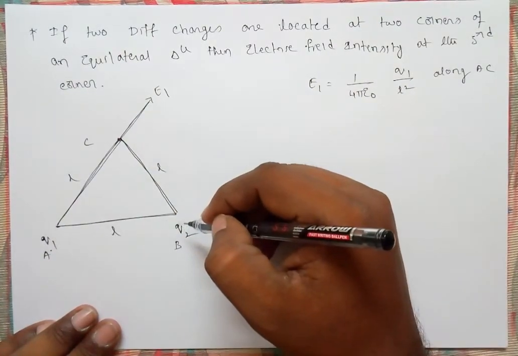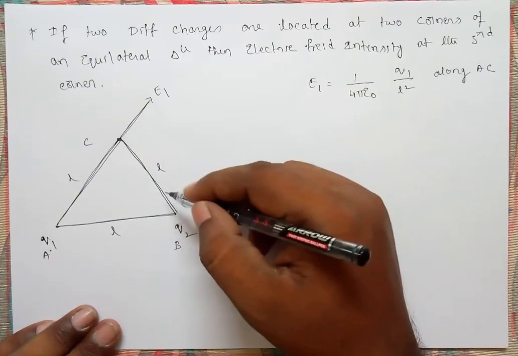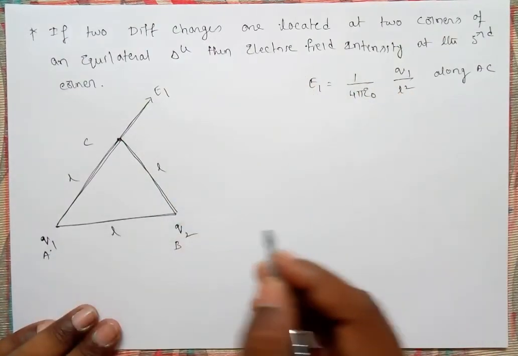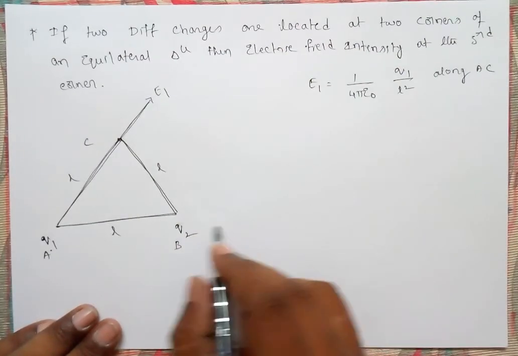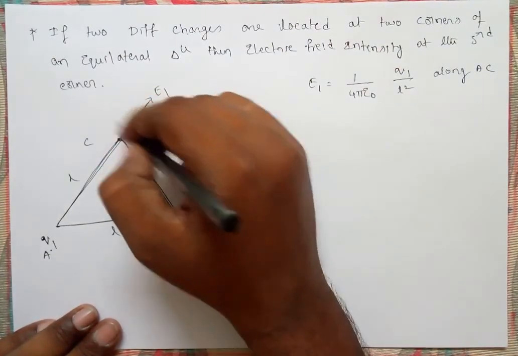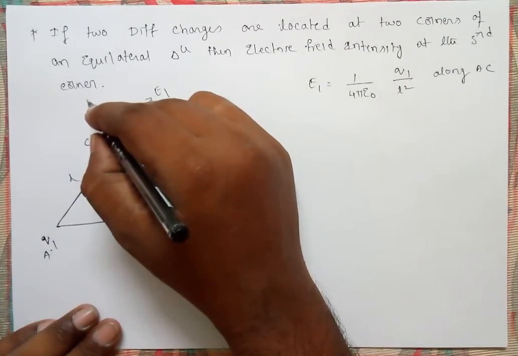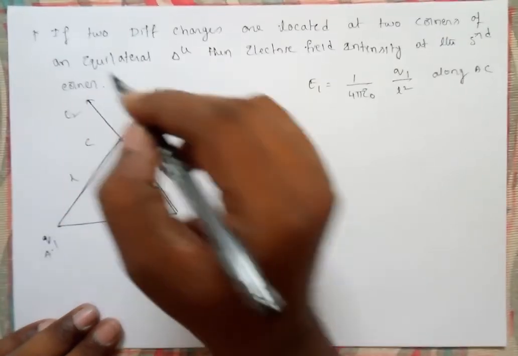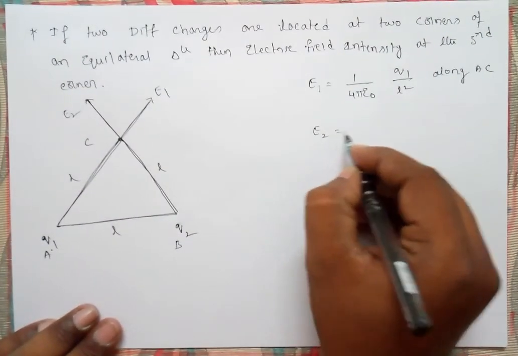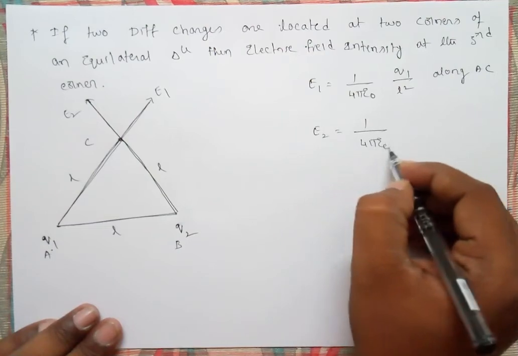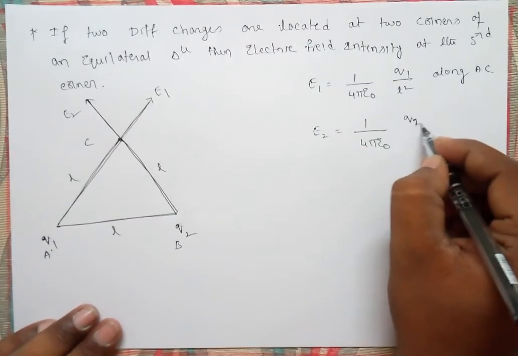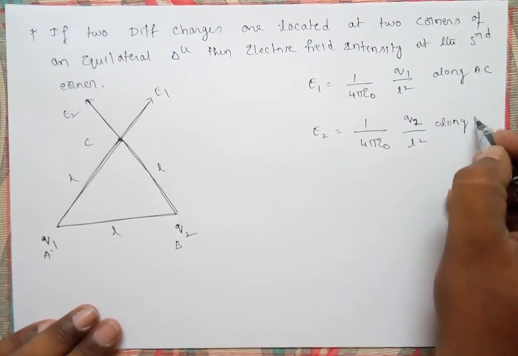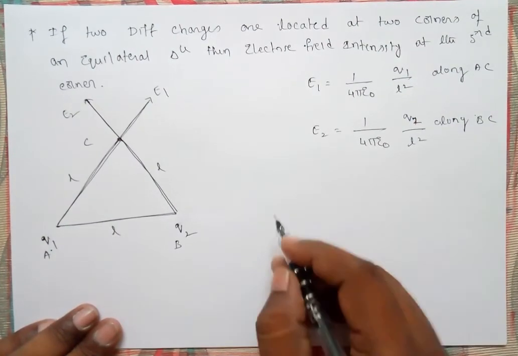Similarly, if you take two different charges, one is plus Q1 and another one is plus Q2, now this electric field intensity is away from it, that is E2. Now E2 equal to 1 upon 4 pi epsilon naught Q2 by L square, along BC.